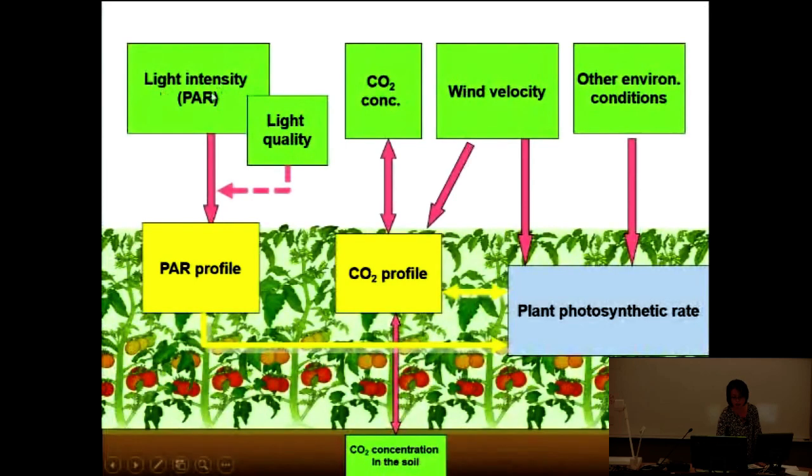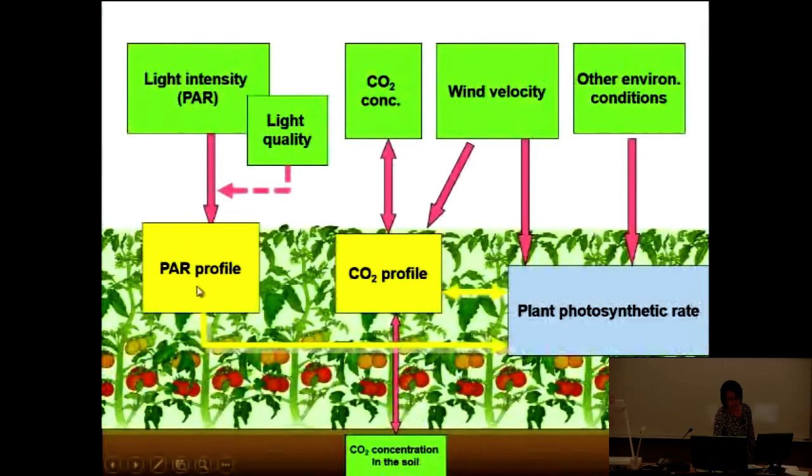Basically the incident light intensity determines the light intensity inside the canopy, right? And then the light quality and specific absorptance affects the light penetration inside the canopy.